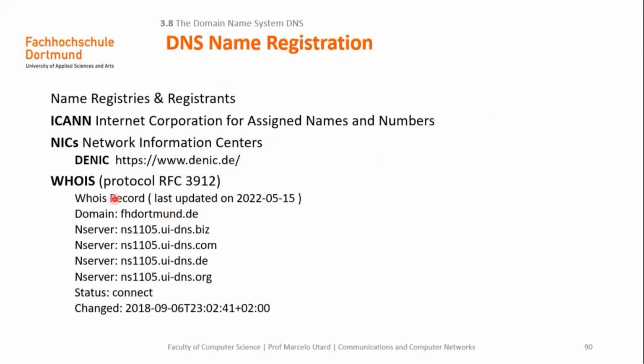For instance, you could ask for the information associated to the Fachhochschule Dortmund zone, and you will see that there are four name servers that have authority of that zone, and in fact, this is the date of the last change of that information associated with that zone.